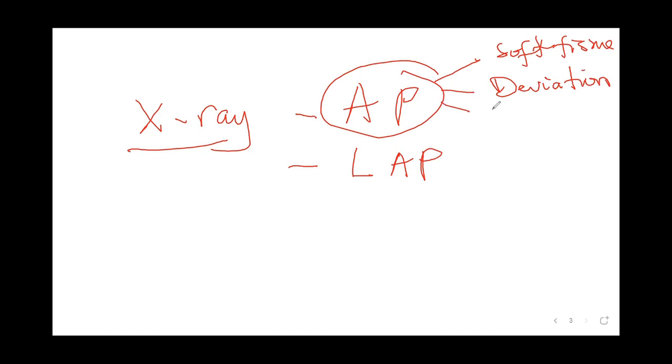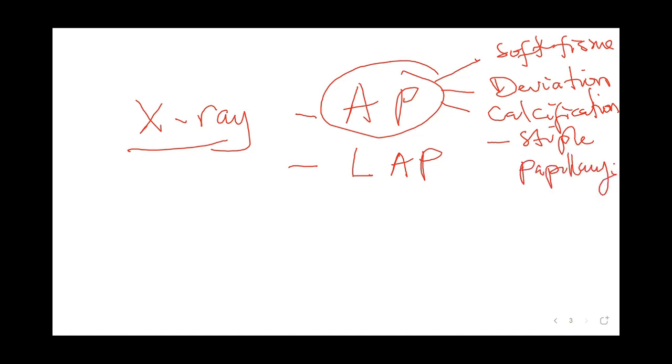Then you also look for calcifications. You could have stipple calcifications in papillary thyroid cancer, or you could have a coarse calcification in a long-standing multinodular goiter.